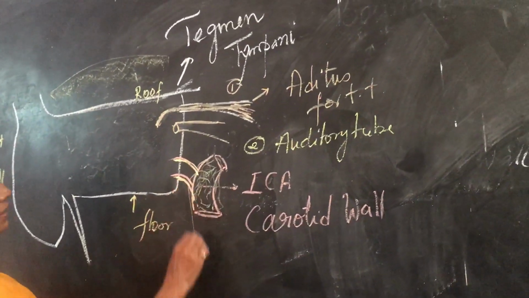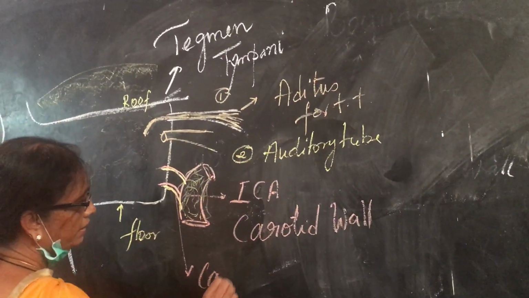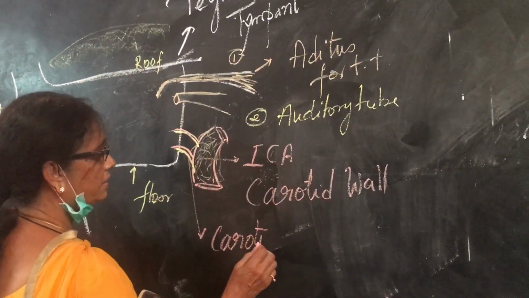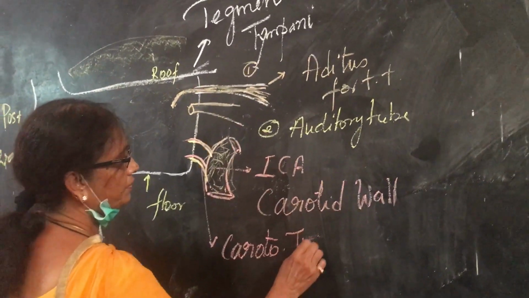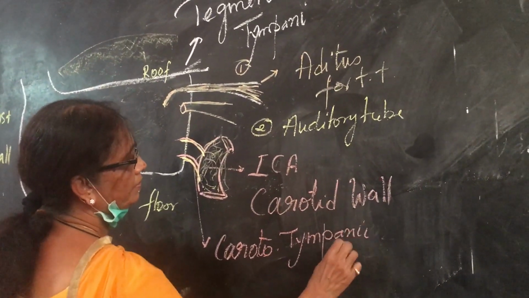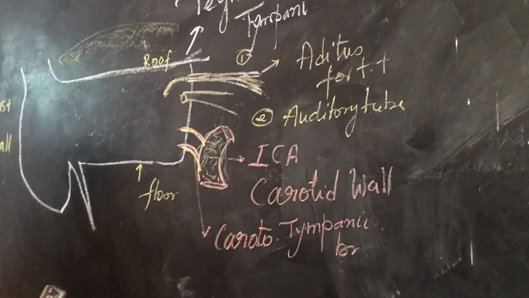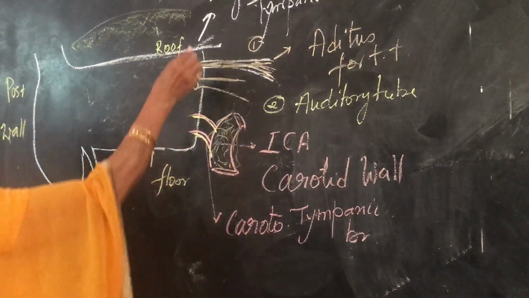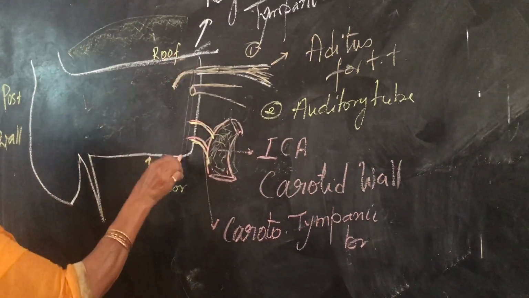These you call caroticotympanic branches, branches of the sympathetic plexus as well as the branch from the internal carotid artery. This whole thing is the anterior wall.